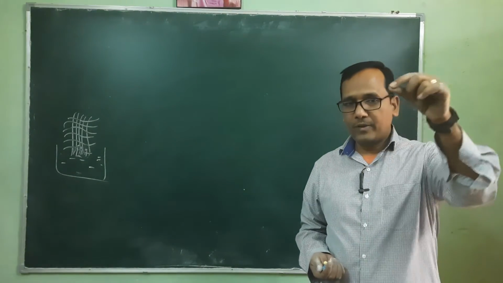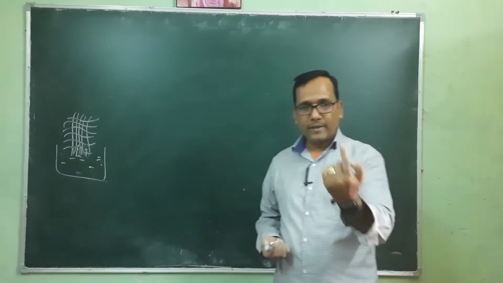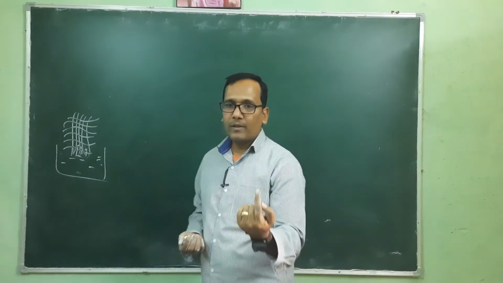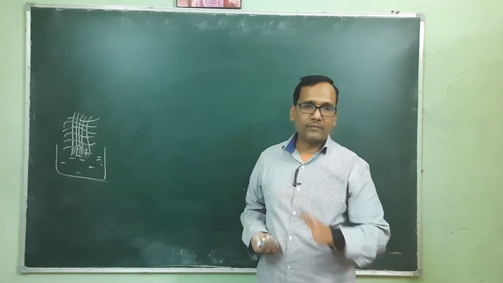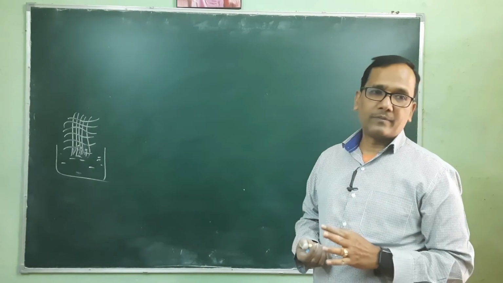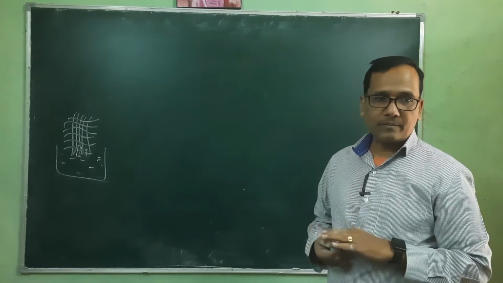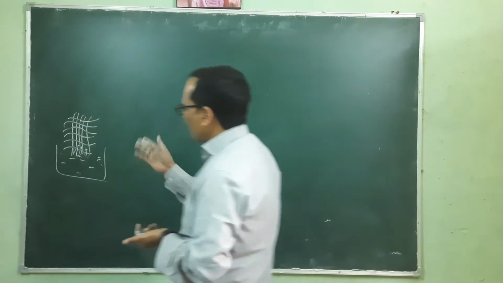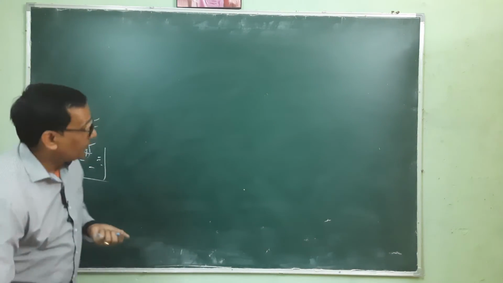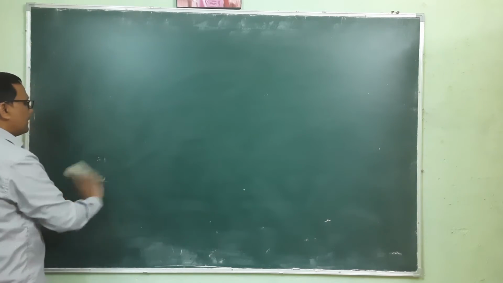When we burn that thread, it absorbs whatever material is in that lamp or candle, and that is because of capillary rise. So there are many examples of capillary rise. Let us discuss.